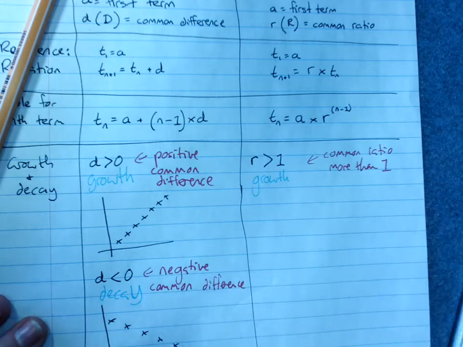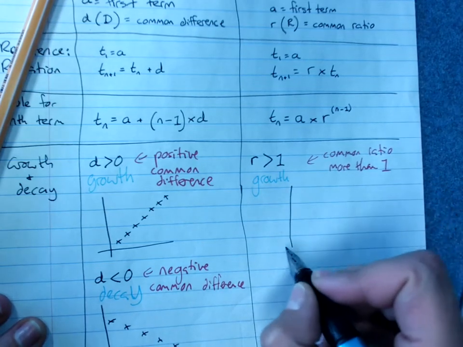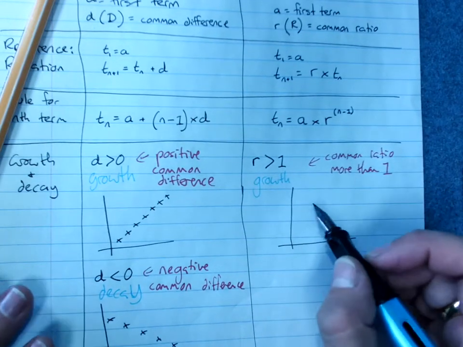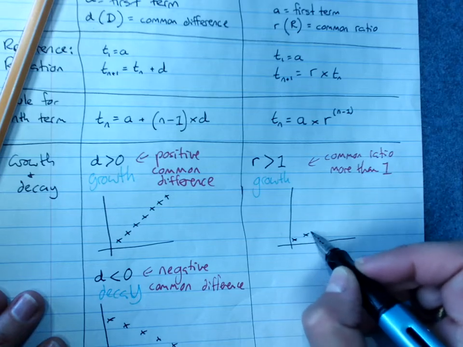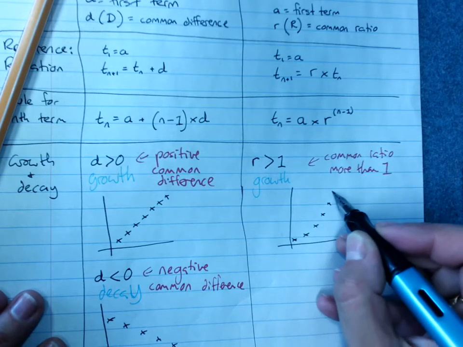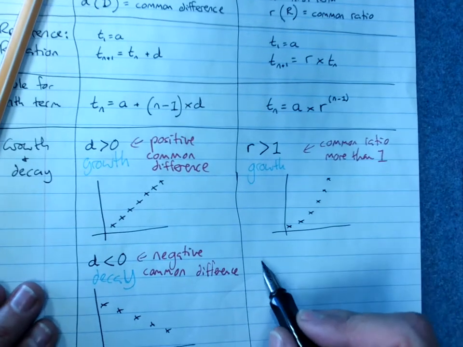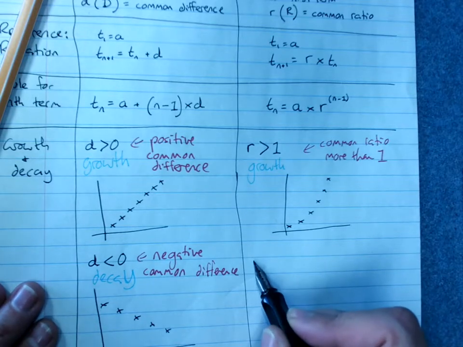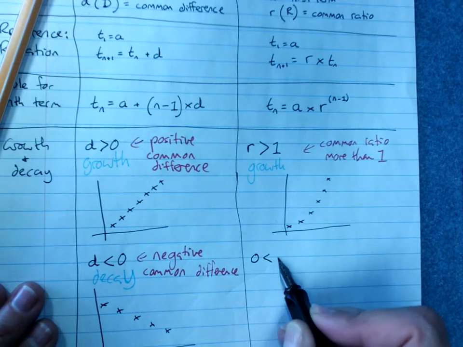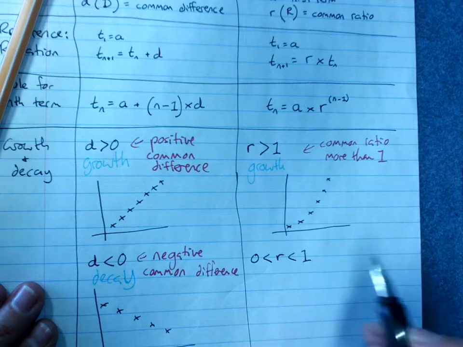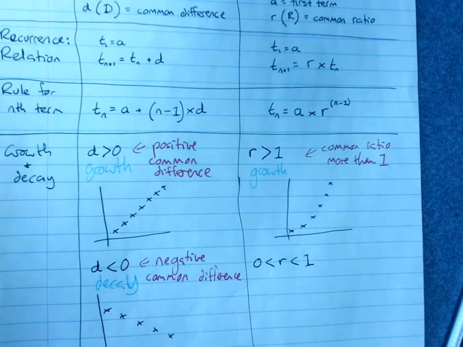Now our graph, you'll remember, isn't linear for a geometric sequence. It would curve up. If our common ratio is between 0 and 1, we would get decay.